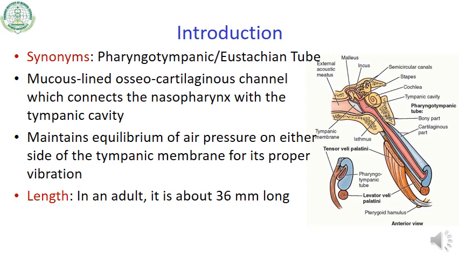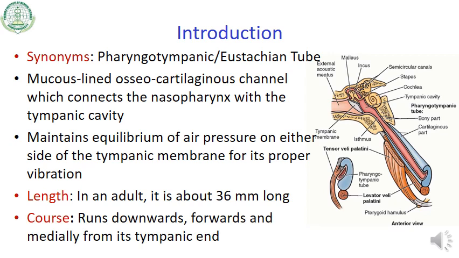The length of auditory tube or Eustachian tube in adult is about 36 millimeter, or you can say 3.6 centimeter. The course: it runs downwards, forwards and medially.